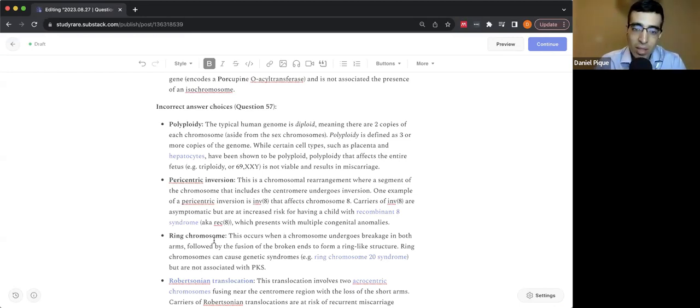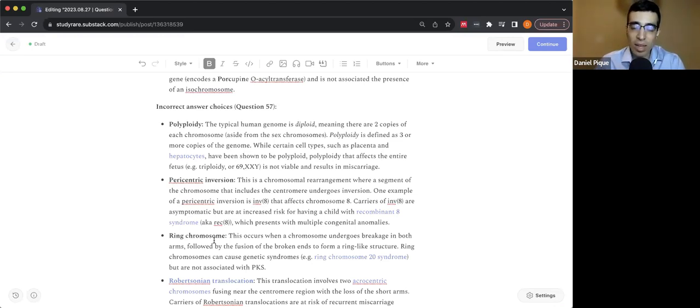Pericentric inversions can arise when a segment of the chromosome essentially inverts, and that segment includes the centromere. So contrast that with a paracentric inversion, where you have a segment that inverts, but it does not involve the centromere. One example of a pericentric inversion is the inversion 8.